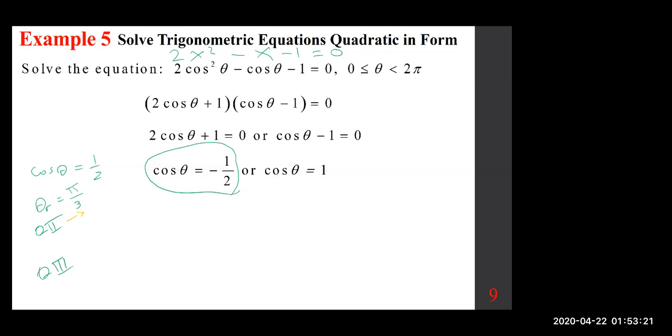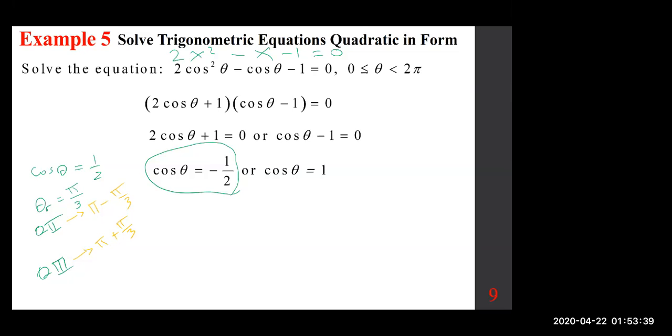Very good. Pi minus pi over 3. In quadrant 3, pi plus pi over 3. Very good. Is everybody okay with that so far?